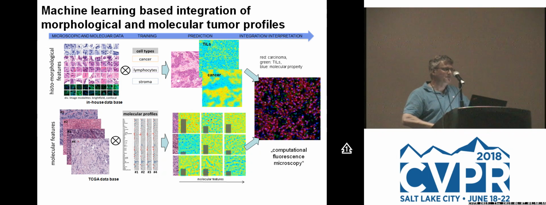Now, when we tried to publish this, the reviewers said, well, it's all nice and good, but we don't believe you. They said, it's fine, your cross-validation and all these procedures are nice, but we would like to see some evidence.